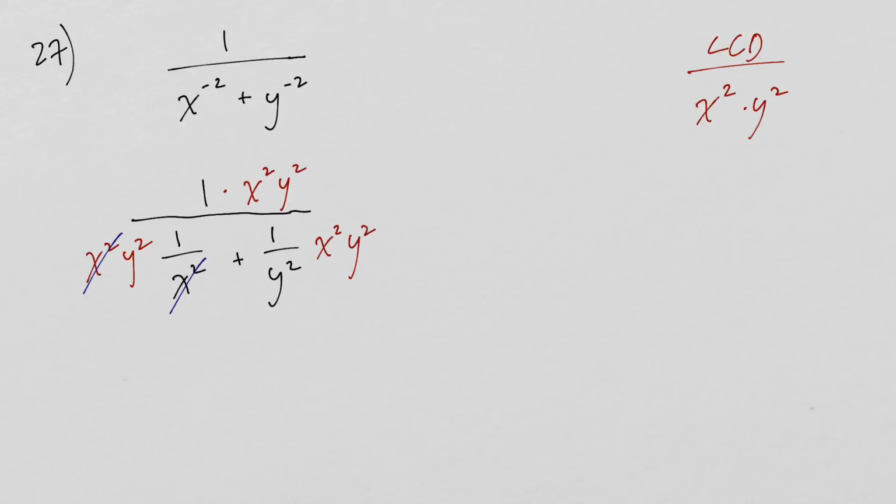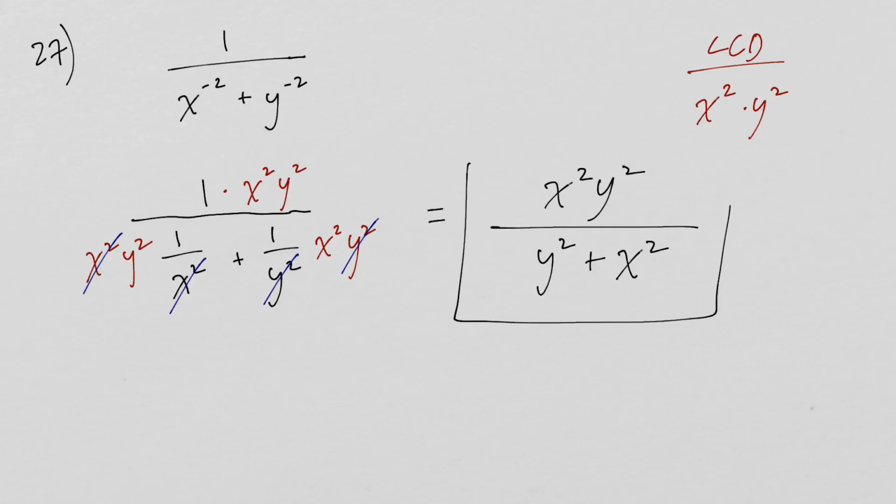That cancels, and that cancels. So we're going to be left with x squared y squared in the numerator, and in the denominator we'll have y squared plus x squared. And that's all we can do. There's nothing else that can be done to simplify.